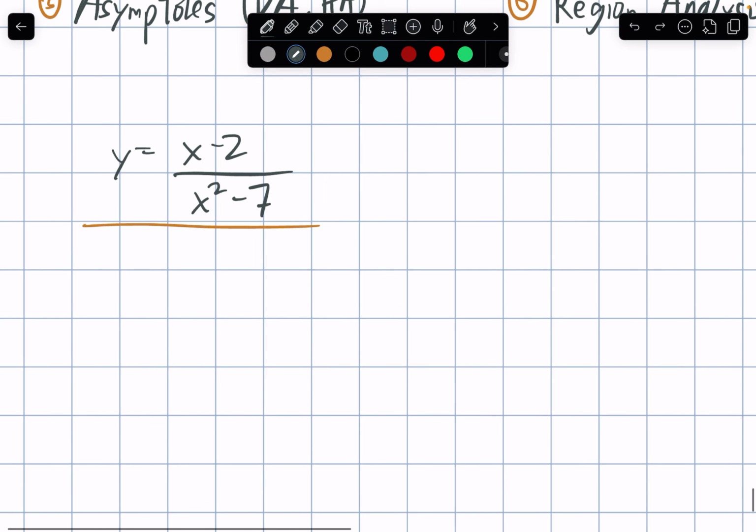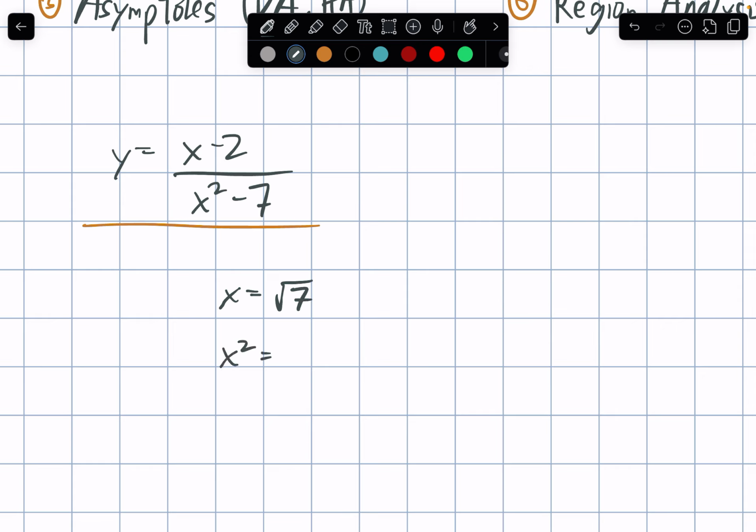So it's not considered an element. In this case, what will make this function undefined? If you think about it, let's try x equal to the square root of 7.